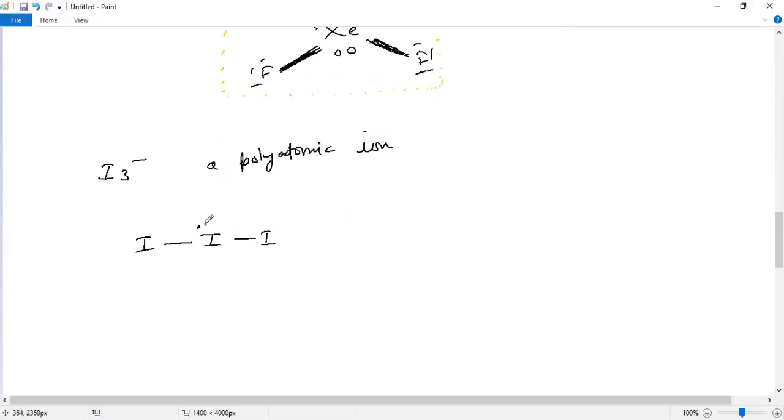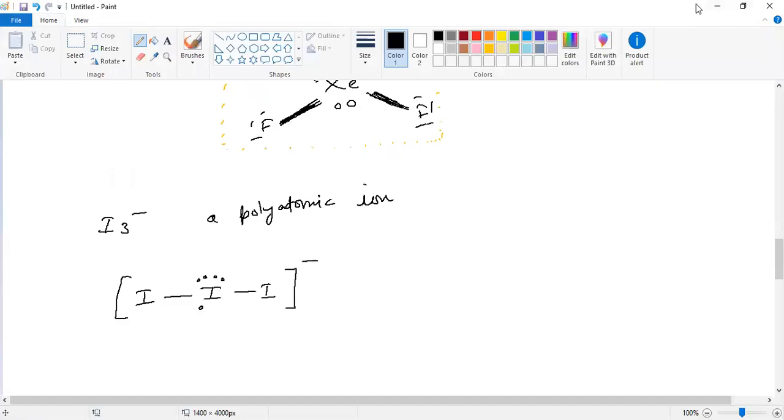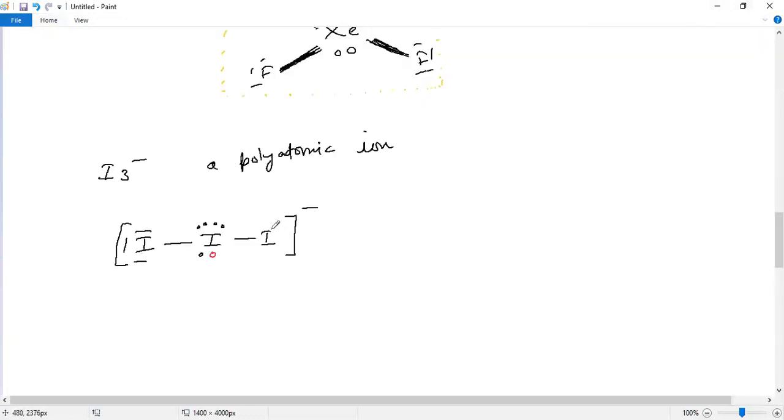We can see this iodine contains 2 bonding pairs but 2.5 lone pairs, and half a lone pair does not make any sense. Now, since this ion contains 1 negative charge, this negative charge imparts 1 extra electron, and it is this extra electron which completes the electron count for the central iodine. So this is my Lewis structure.